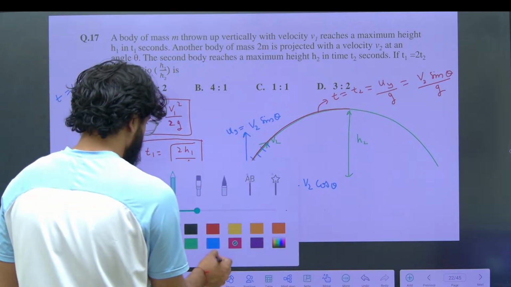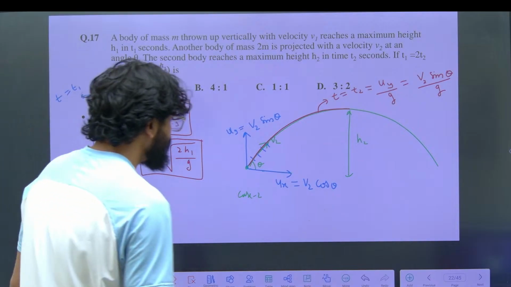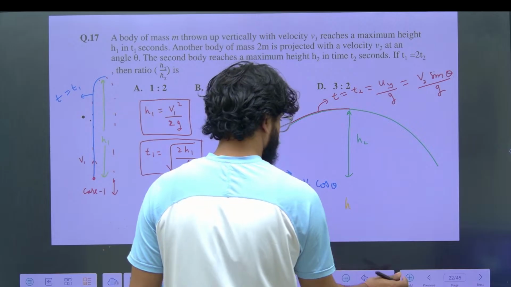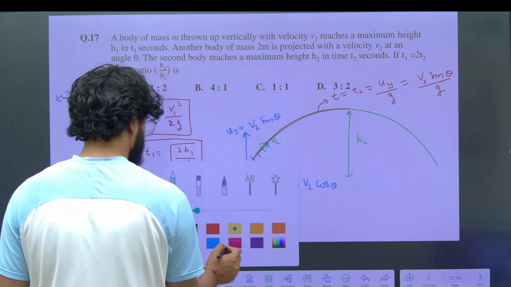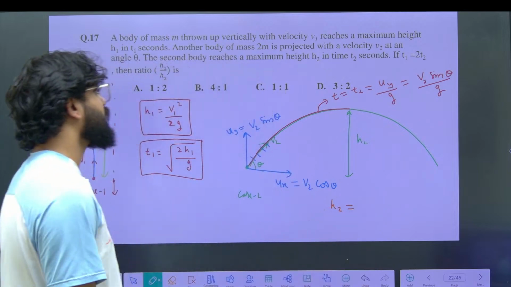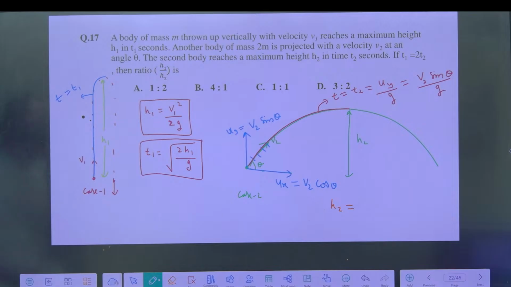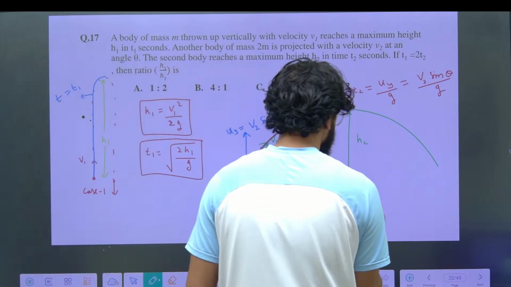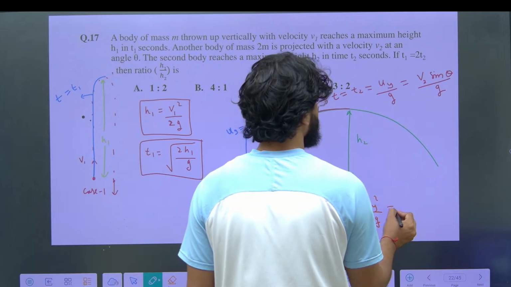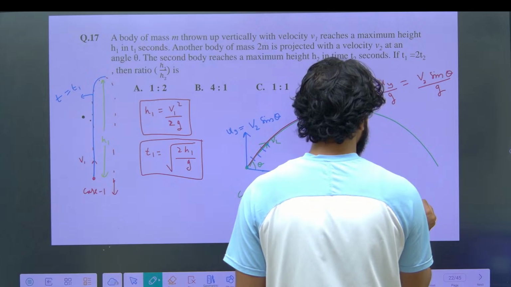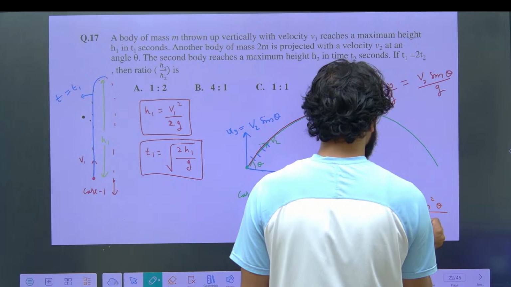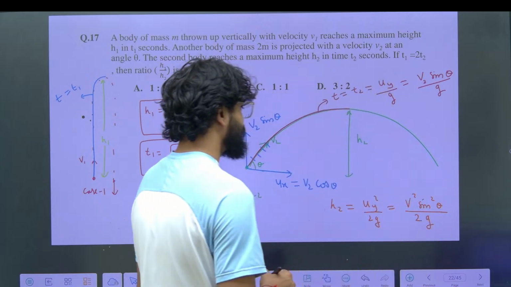Okay. Now h2 can be written as uy square upon 2g, so that is v square sine square theta upon 2g, that is h2.